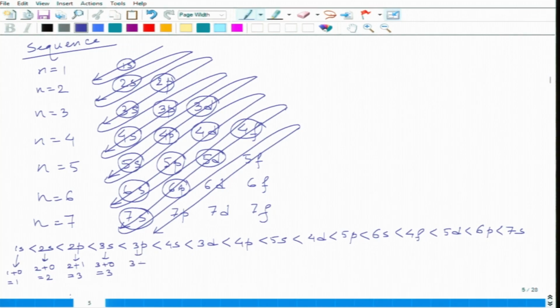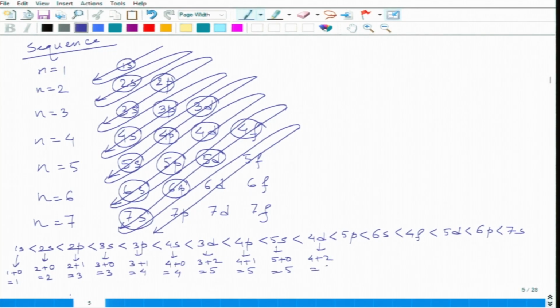For 3p, 3 plus 1, 4. For 4s, 4 plus 0, 4. For 3d, 3 plus 2, 5. 4p, 4 plus 1, 5. 5s, 5 plus 0, 5.